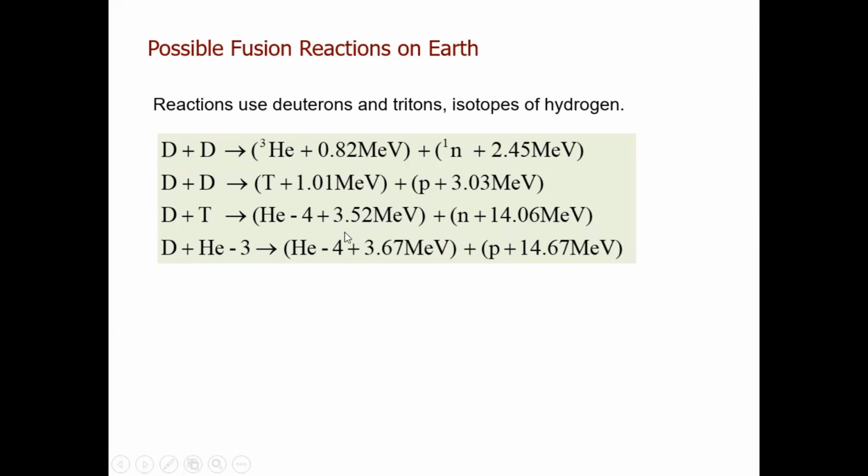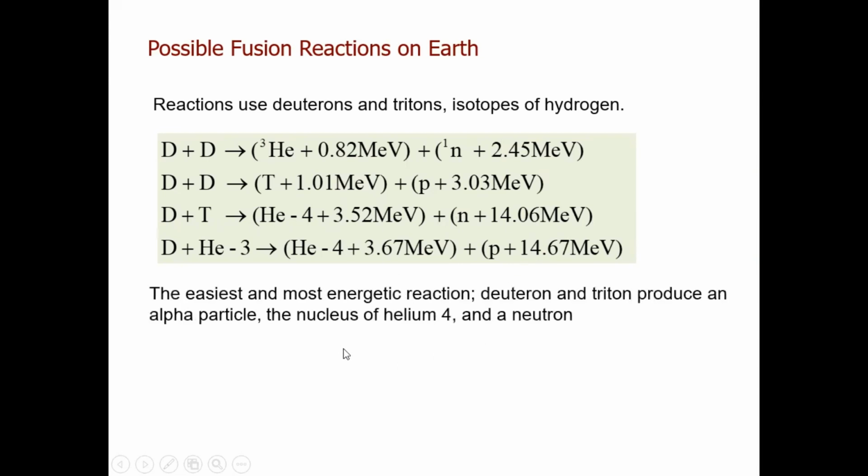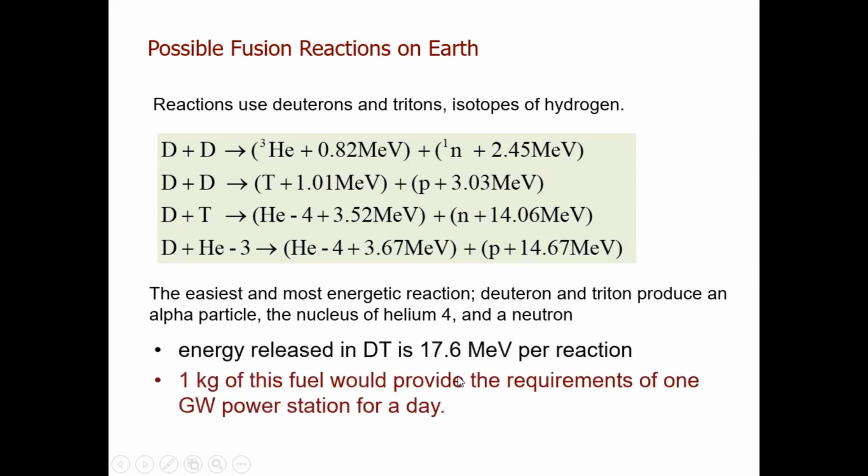So more than 17 million electron volts are produced in this fusion reaction. They are producing more energy. The easiest and most energetic nuclear reactions are due to the deuterons and the tritium nucleus. They also produce an alpha particle, the nucleus of helium, and a neutron.